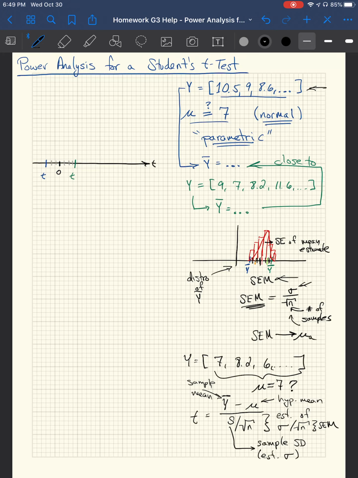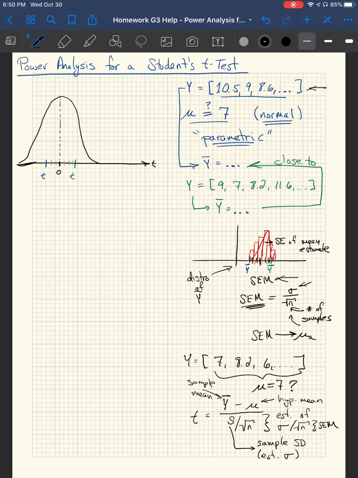And this t-statistic will have a shape, which is, let me see if I can draw this a little more cleanly. It'll be symmetric, and it'll look sort of like a normal distribution. But it turns out that it is a little different than a normal distribution. It becomes more and more like a normal distribution as the number of samples goes up, but at least for low numbers of samples, it's not quite shaped exactly like a normal distribution, but it's the same idea of roughly a bell curve.